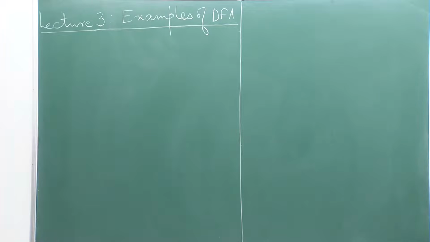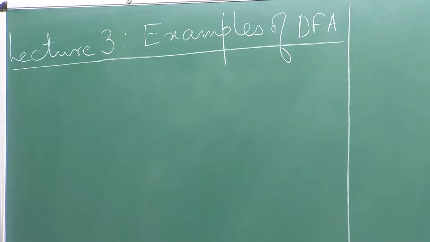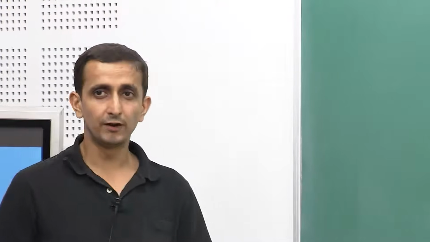Welcome to the third lecture. Today we will see some examples of how to construct deterministic finite automata for certain languages. So, today we will look at more examples of DFA.